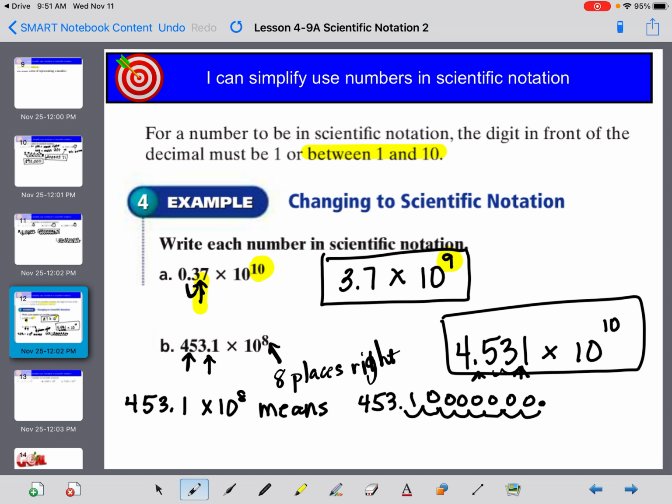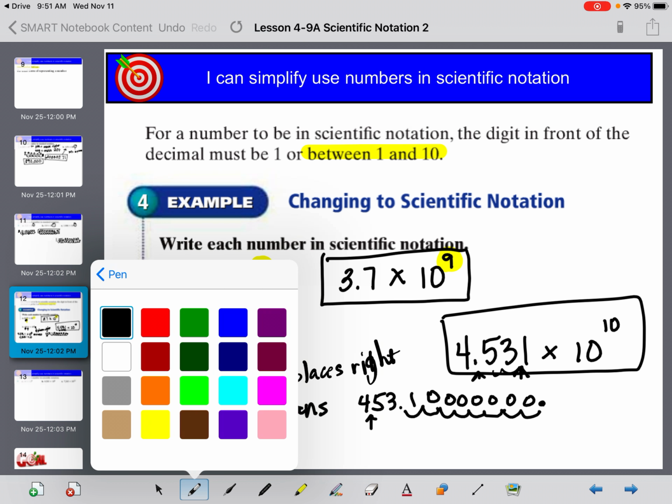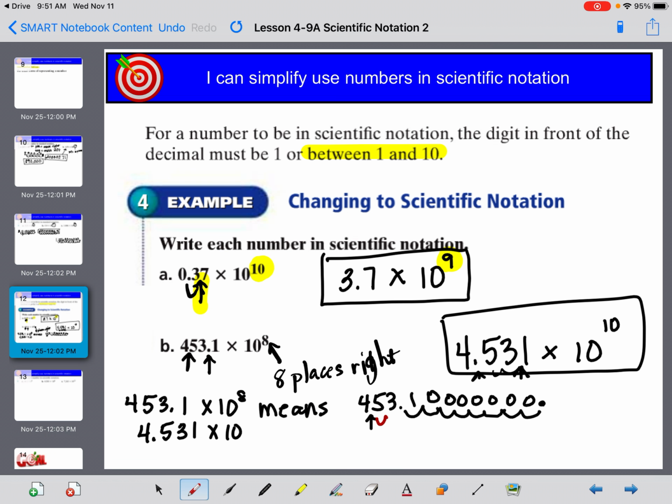Now, what I am telling you is that the decimal should be between the 4 and the 5. Now, if it's here, I have to move it an additional 1, 2 places, and all of the others, all the other 8.